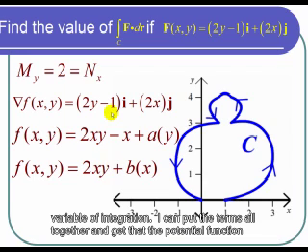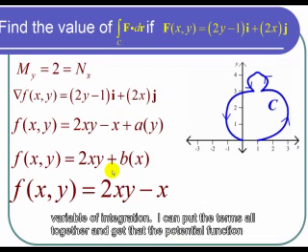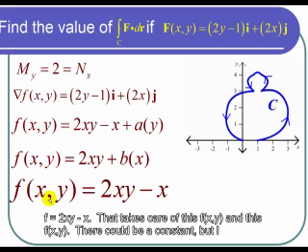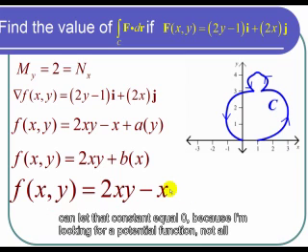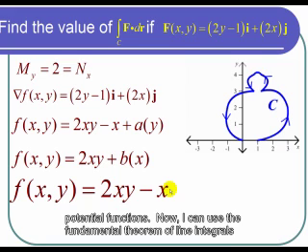So I can put my terms all together and get that the potential function f is equal to 2xy minus x, and that takes care of this f and this f. There could be a constant, but I can let that constant equal 0 because I'm looking for a potential function, not all potential functions.